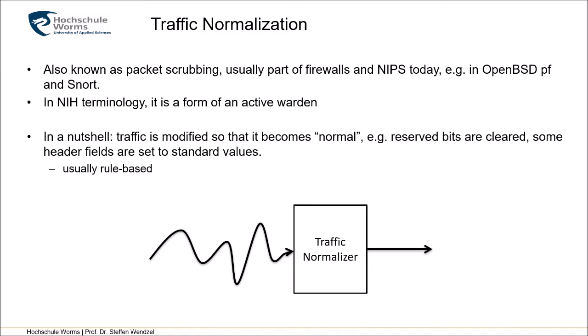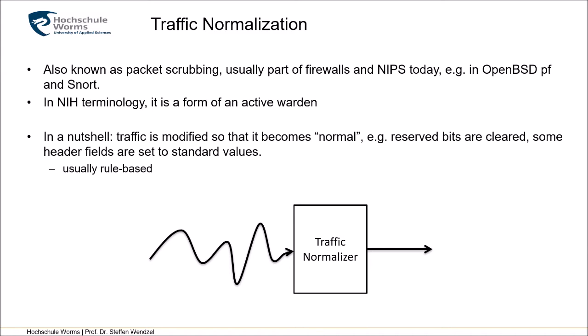A core idea is the traffic normalizer is like a gateway, and the traffic arrives at it at one end, and the normalizer normalizes the traffic in a sense that some attributes are just modified in the traffic. For instance, reserved bits, if they are set in the IP version 4 header, then they could be cleared.